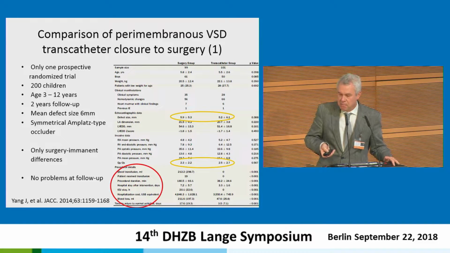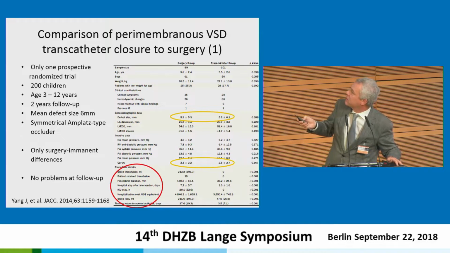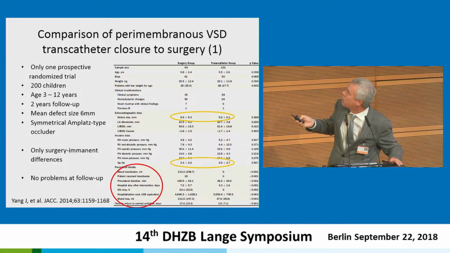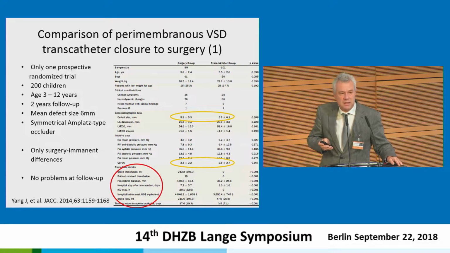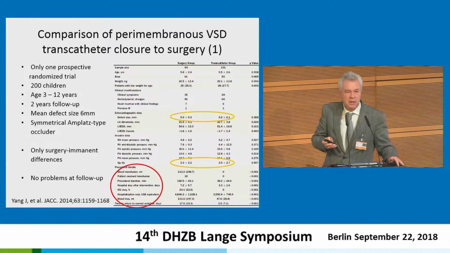That was a prerequisite. 100 children in each group, only a third had clinical symptoms, only a little bit more than half had signs of volume overload. All the others were asymptomatic, and some of the patients were enrolled only because, as it's written in the paper, the parents insisted on closure.